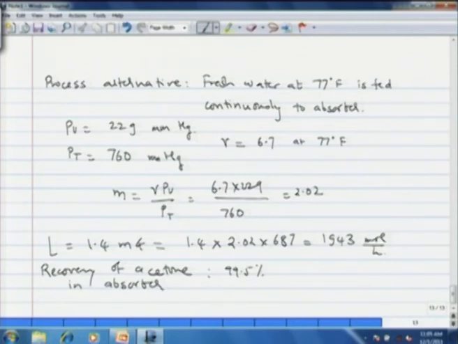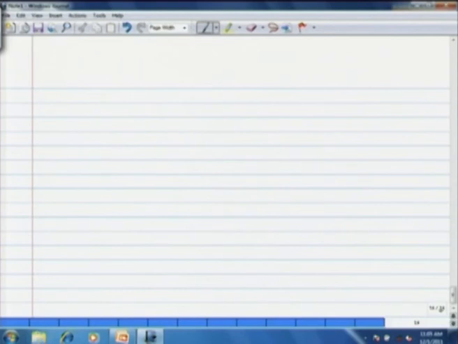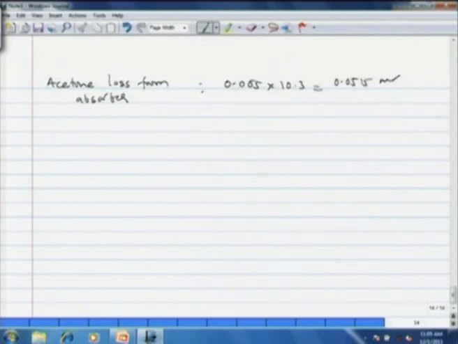That is the value that we choose from the thumb rule of recovering 99% or more of all valuable material, and with this we can very easily calculate the acetone loss from absorber with exiting air. That will be merely 0.05 into, 0.005, not 0.05, 0.005 into 10.3, that is 0.0515 mole per hour.